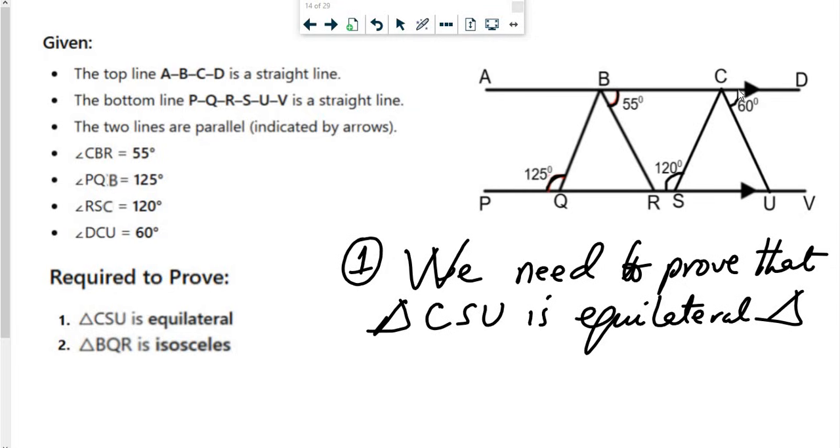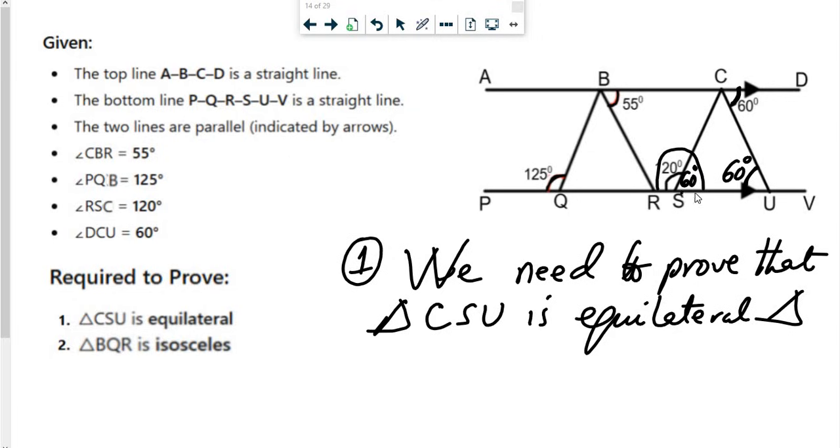Step number 1, look at this angle here. This is 60 degrees, and this angle here will also be 60 degrees. How did I know? Alternate angles are equal. Linear pair property: 120 degrees, so this angle will be 60 degrees because they have to form 180.